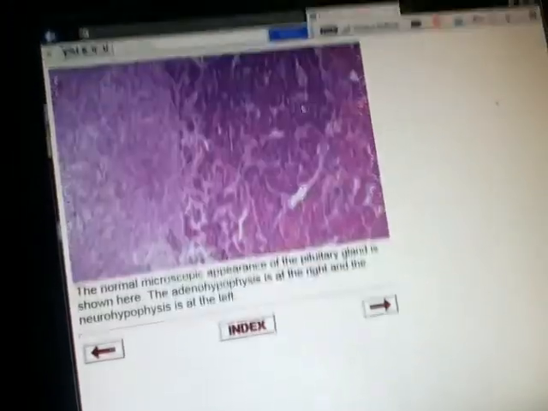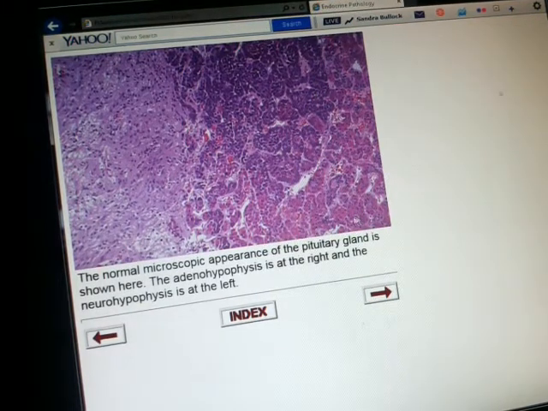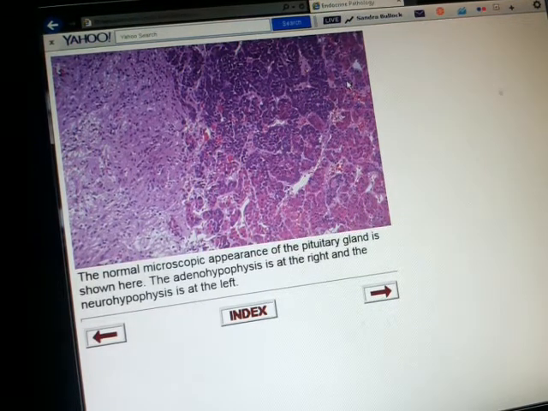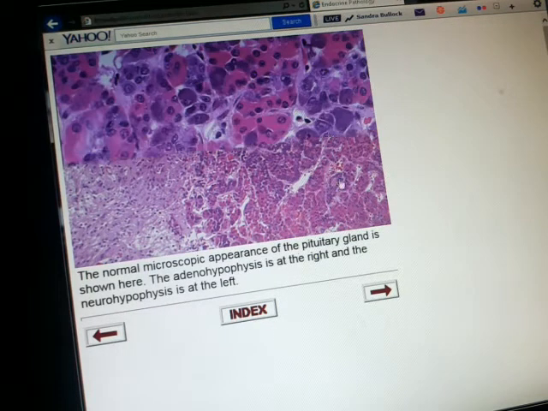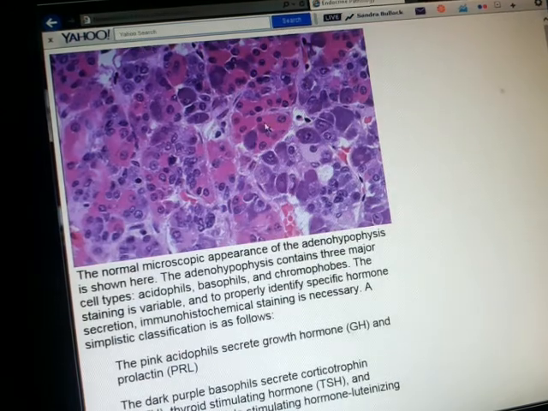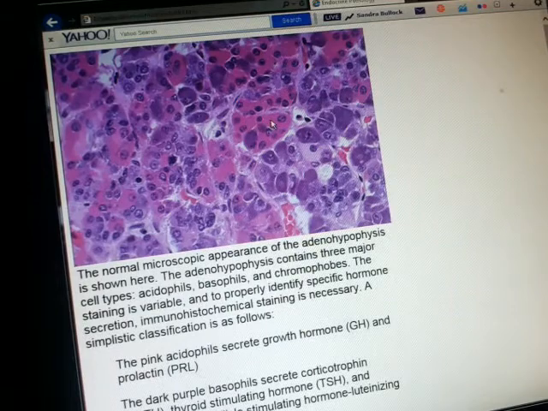Here, it's easy to notice the difference in color of the variable types of adenohypophysis cells. These are basophilic cells and these are eosinophilic cells, with a type of cell which is intermediate between, known as chromophobe. This is the acidophilic cells or eosinophilic cells secreting prolactin and growth hormone.